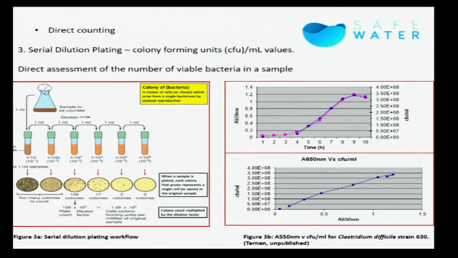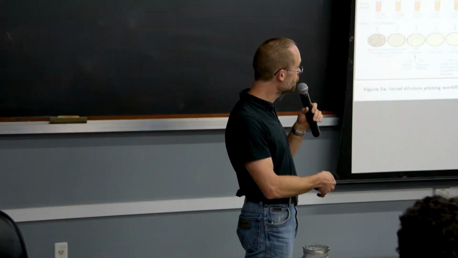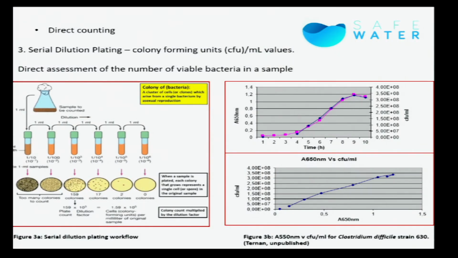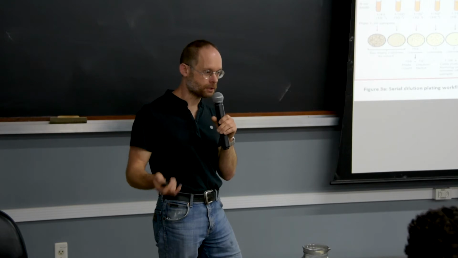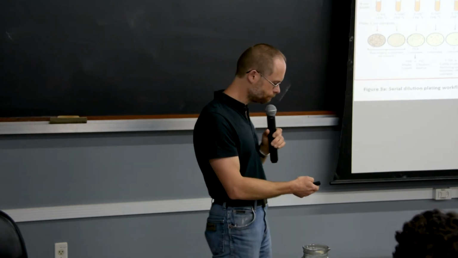So if in this case we wanted to get some Clostridium difficile and we needed 2 times 10 to the 8 cells, we would probably have to grow the culture to an optical density of about 0.6 or 0.7, which is about mid-log phase. And this is the sort of calibration we use if we are extracting protein or RNA from cultures and we want to use a certain amount of cells to start off with.